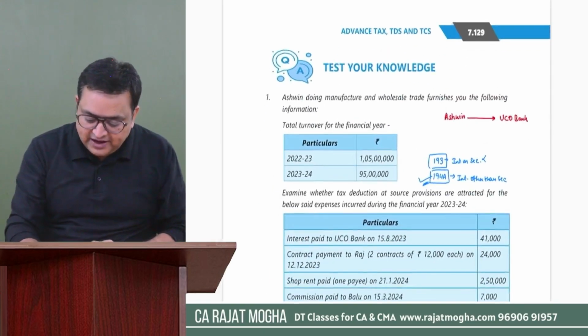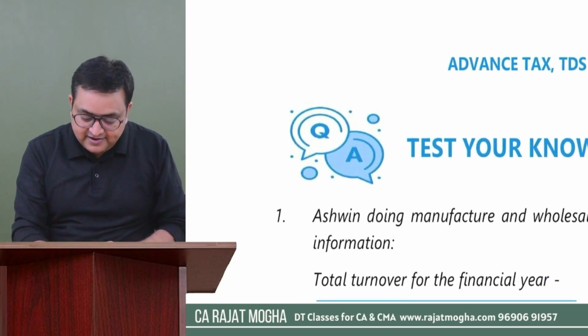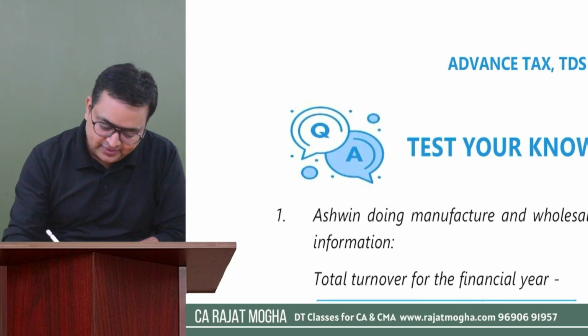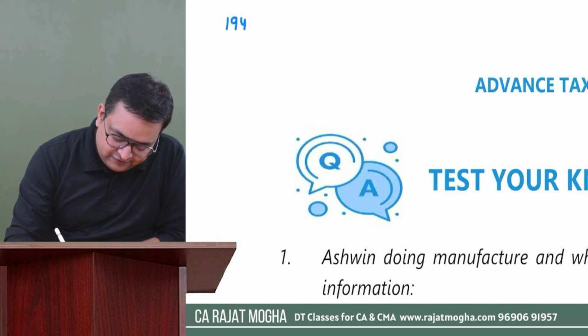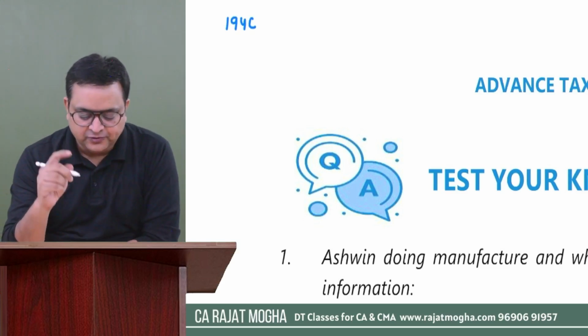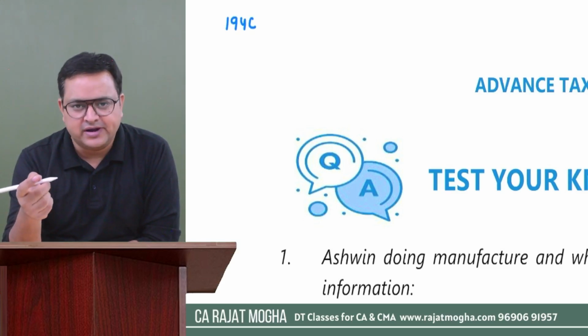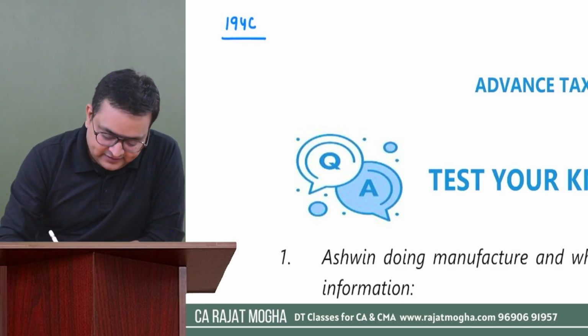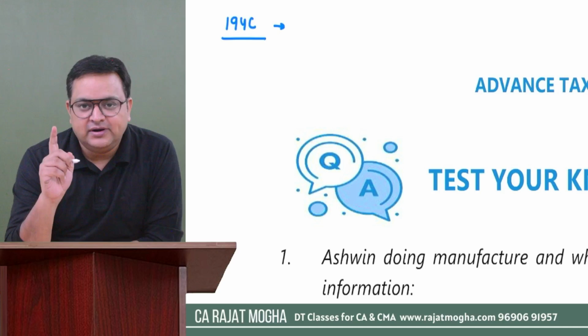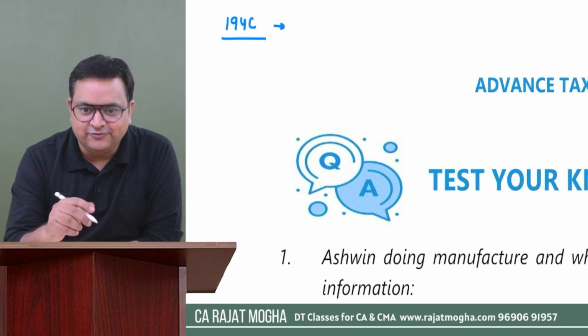So first of all, I would like to revise the concept of 194C. Understand section 194C, C for contract. If you are making any payment to the contractor, 194C is attracted. First of all, learn the rate under section 194C.